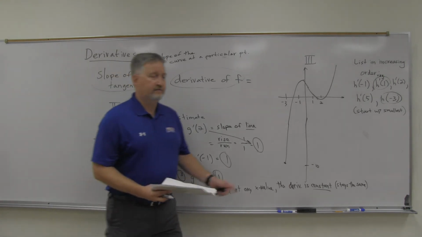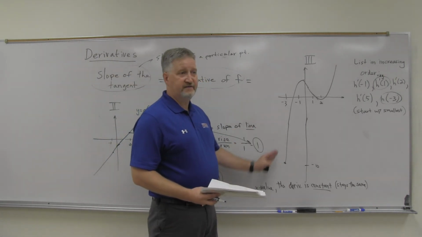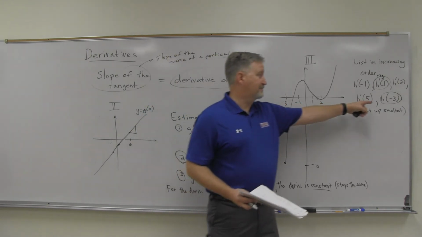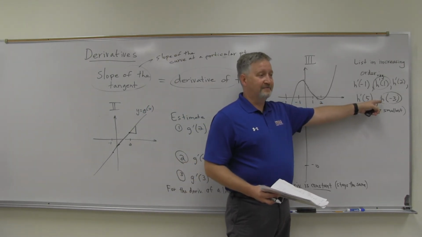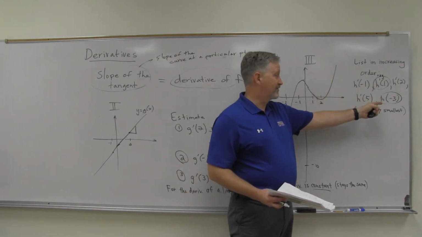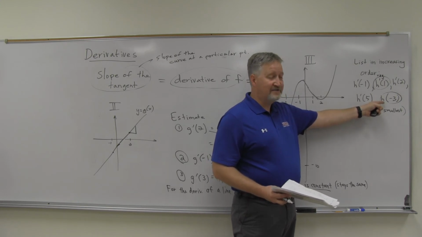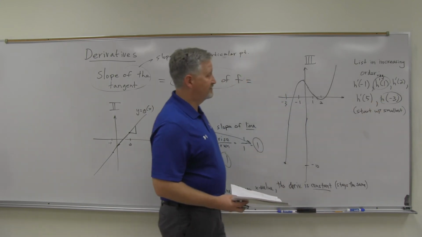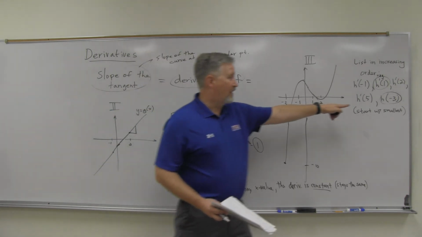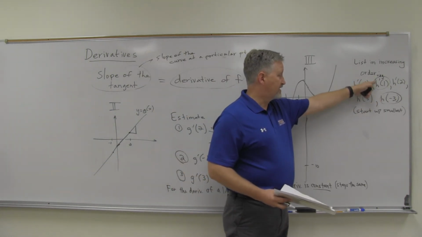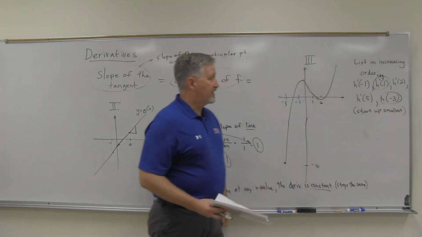The slope at negative 3 is positive, but that's not what this asks for, is it? So you got to be careful that we're talking about derivatives, but there's still h values, or function values. And that's what this means. It's the y value. The slope here is positive, but this has a y value that's negative.